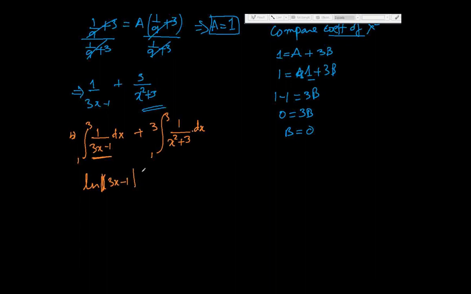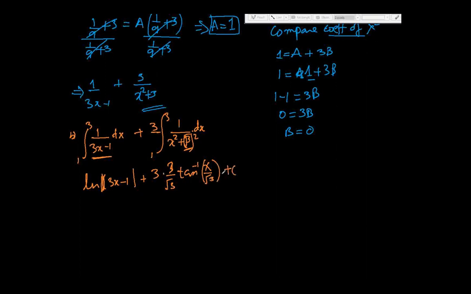Okay, and what about this one? Plus 3. Now it is in the format of 1 over a perfect square plus a perfect square, x squared plus square root 3 squared. Though 3 is not a perfect square, I've just made it up. So its integration in a straightforward way will be 3 over square root 3, because of this, tan inverse of x over square root 3.